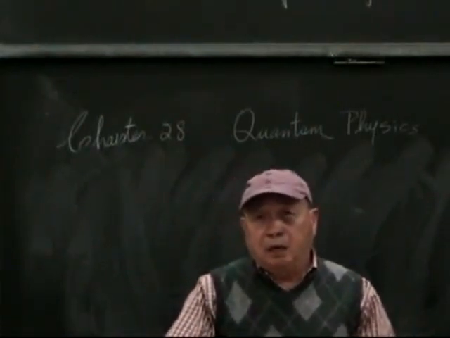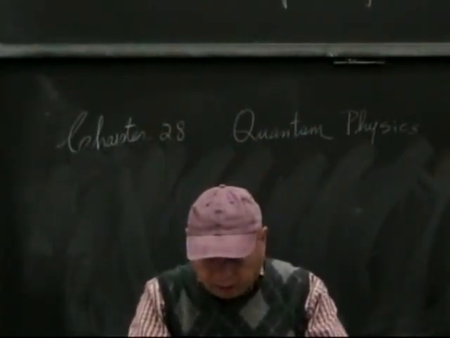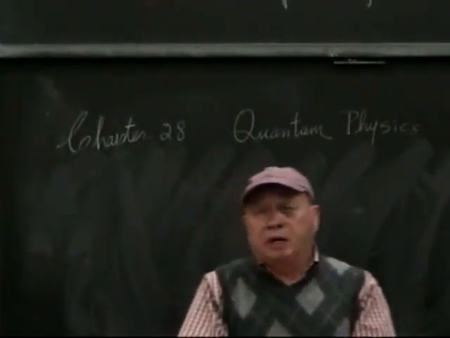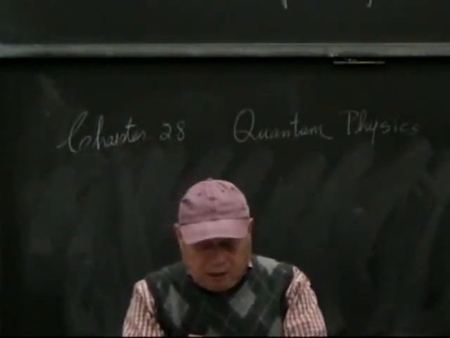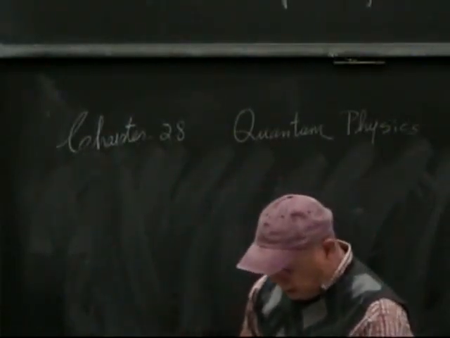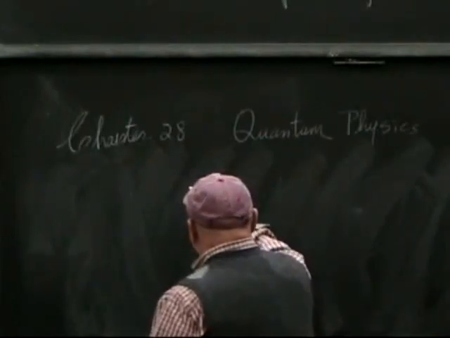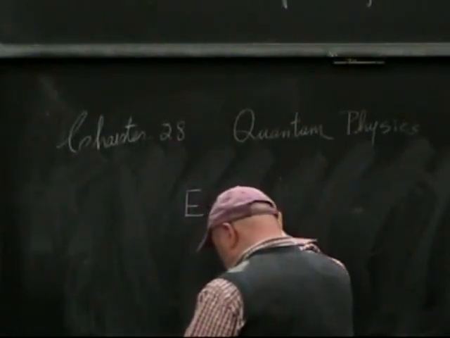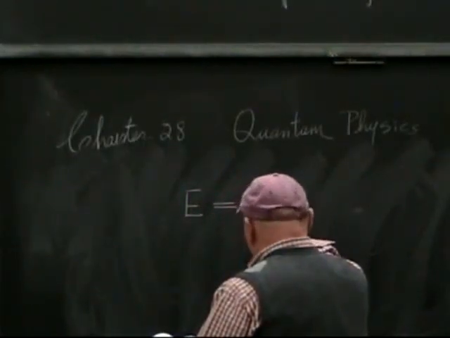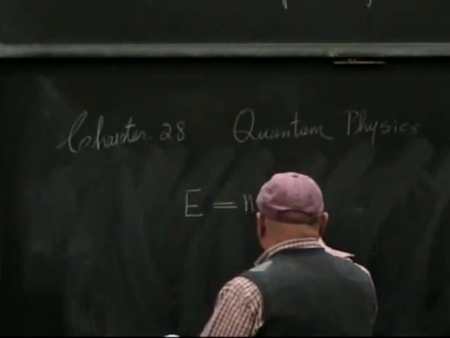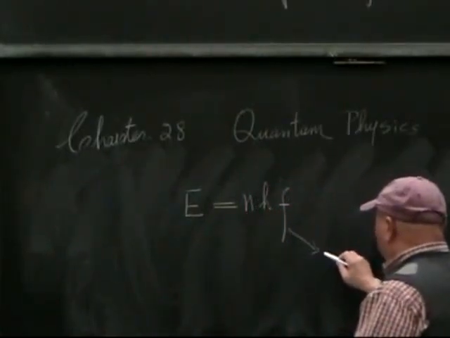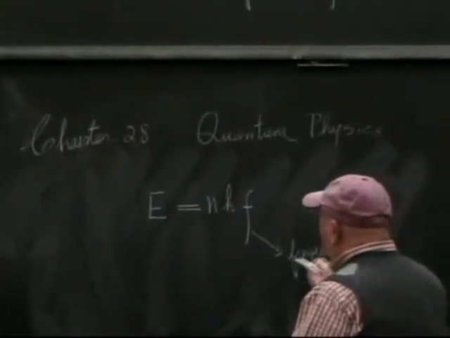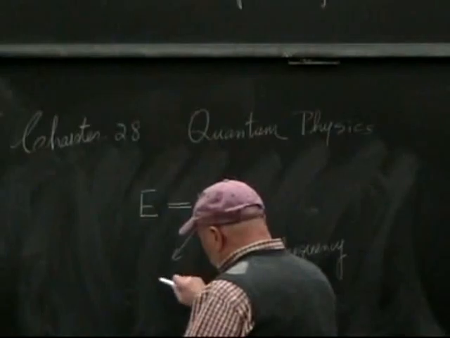The wave has a frequency, and the energy is related to the frequency. So he says they are quantized. The energy is N h f, where f is the frequency of the wave and N is an integer.